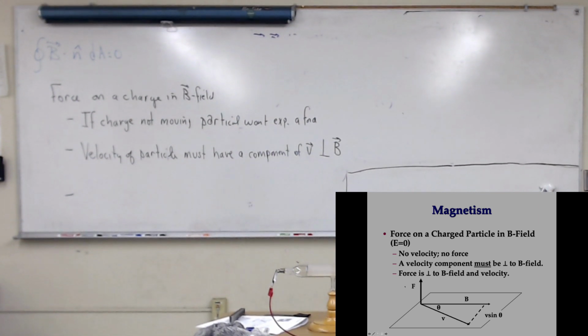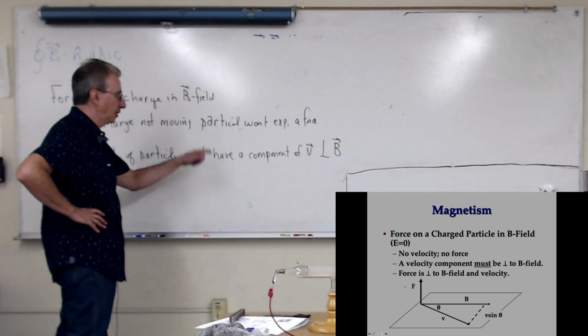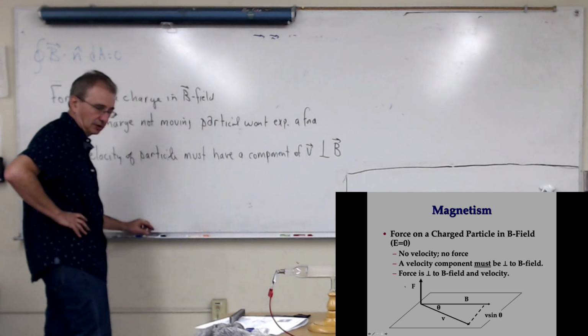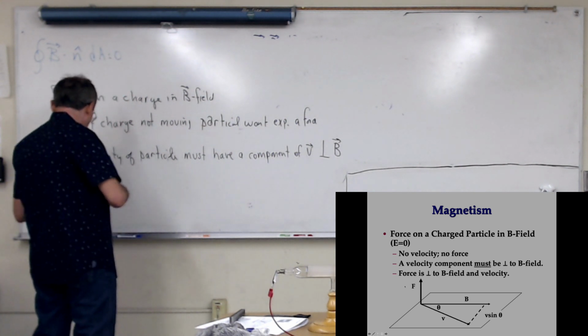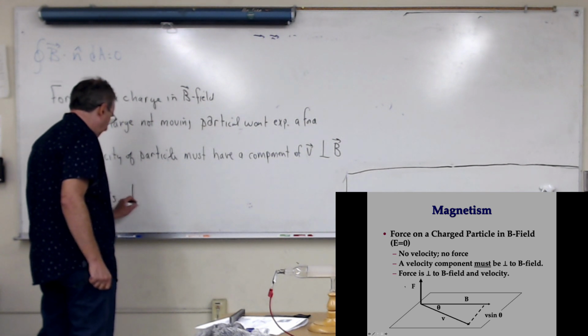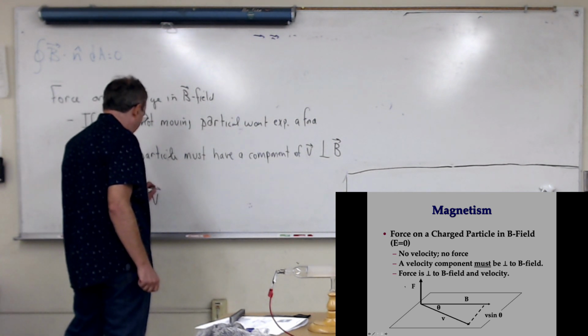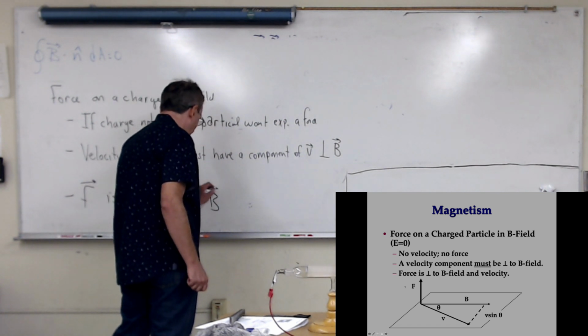So, the velocity of the particle must have a component of v perpendicular to B. Furthermore, if you do an experiment, the force is perpendicular to the velocity vector and perpendicular to B, the magnetic field.